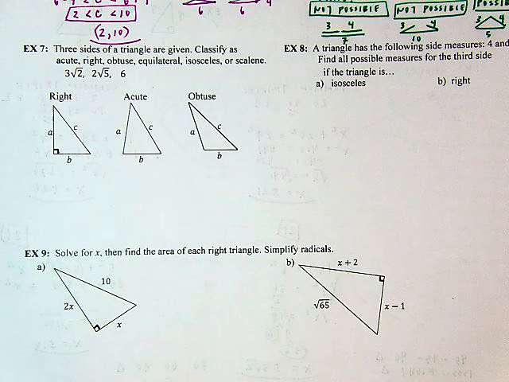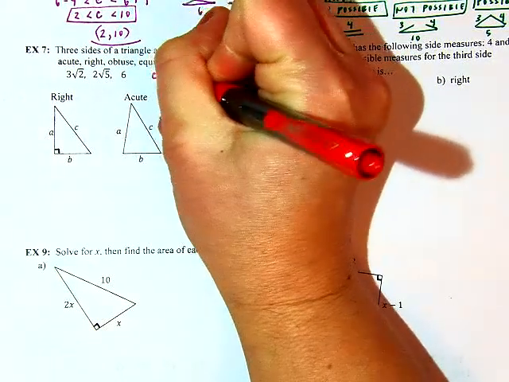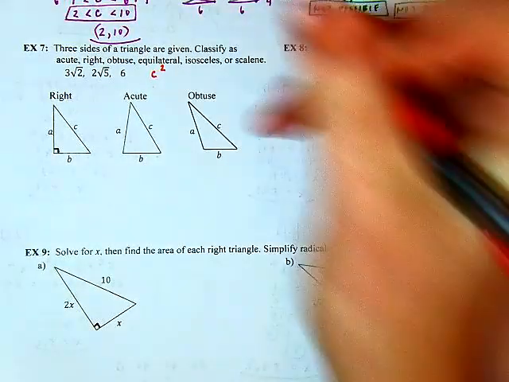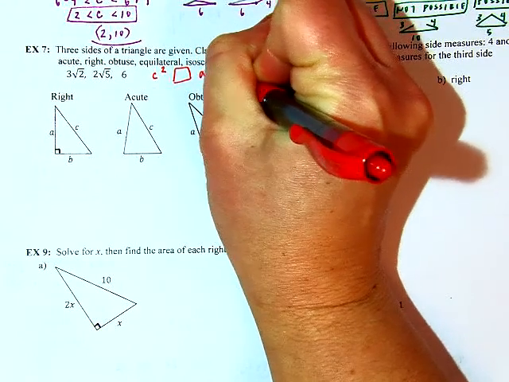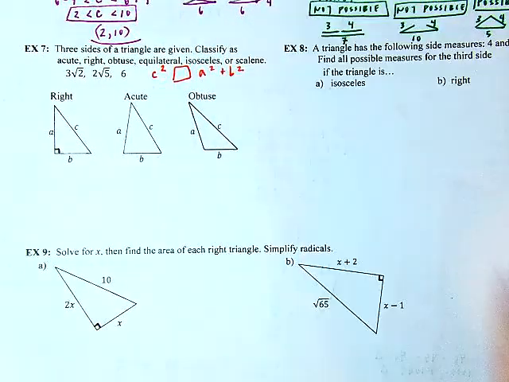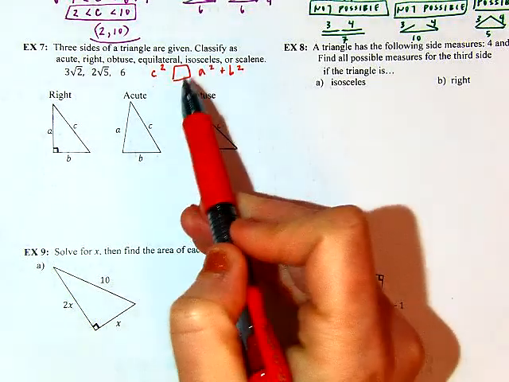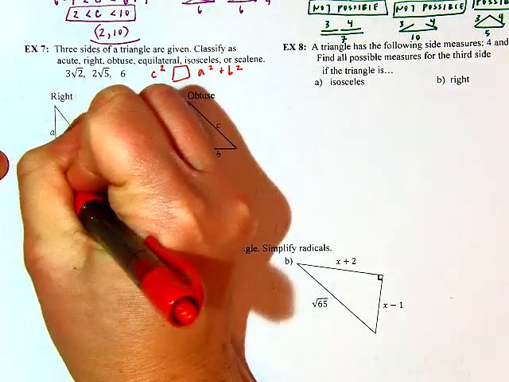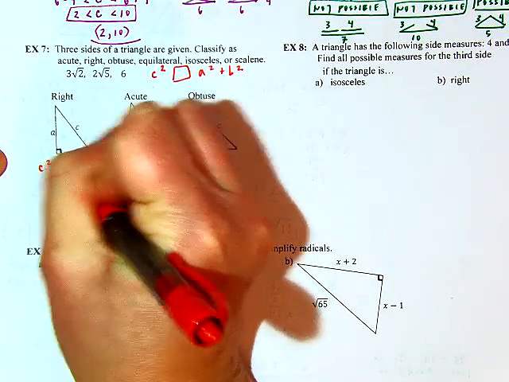Again, a little recap from last semester. Here we're doing a play on the Pythagorean theorem. If I look at that largest side squared, c squared, how does it relate to a squared plus b squared? If it's a right triangle, I should see an equal sign: c squared equals a squared plus b squared.